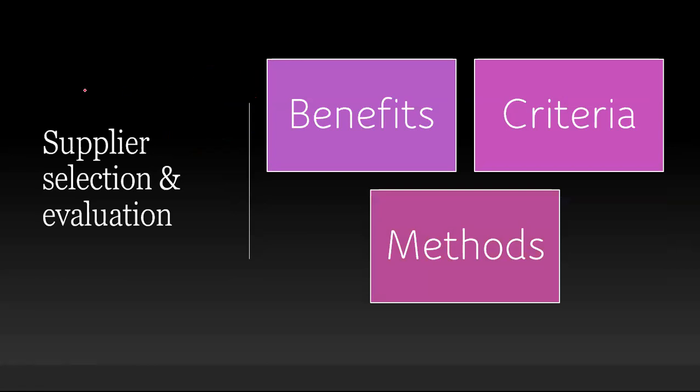Finally, in chapter 2, we talk about supplier selection and evaluation. I have listed the common topics here, including the benefits, the criteria for assessing, and the method for assessing.